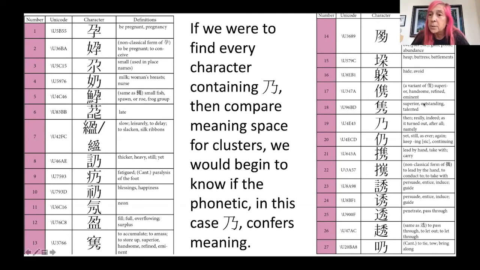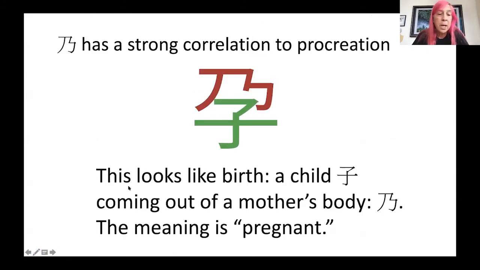Hide, avoid, superior, talented. You're very talented if you can produce babies. This I'm sure is subjective and could be questioned by people, but I think it's so obvious when you look across the board at all these written languages. Why wouldn't it be? Female mammals give us milk, offspring, and fun for males.